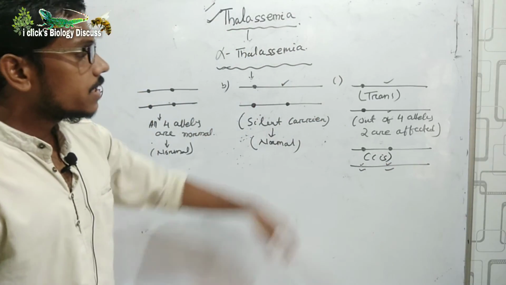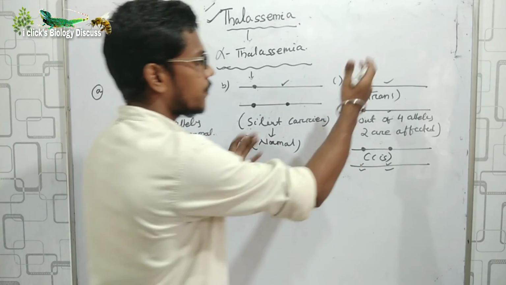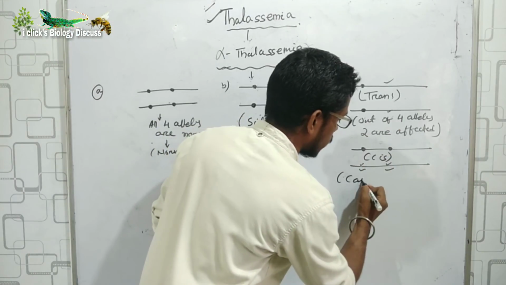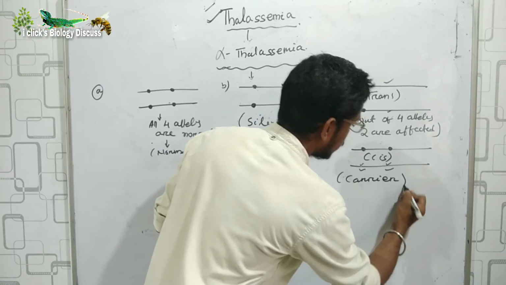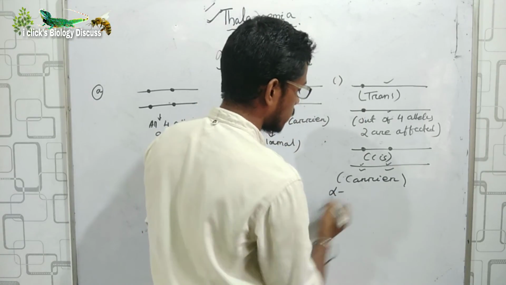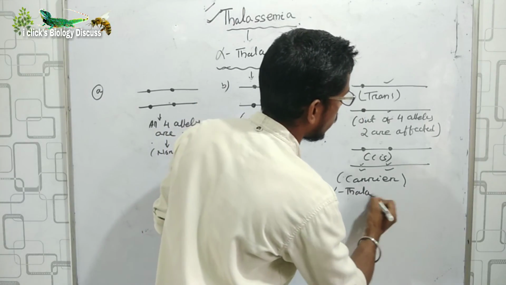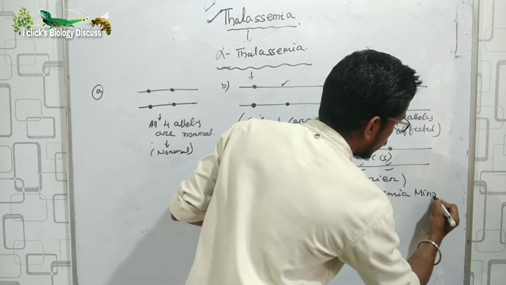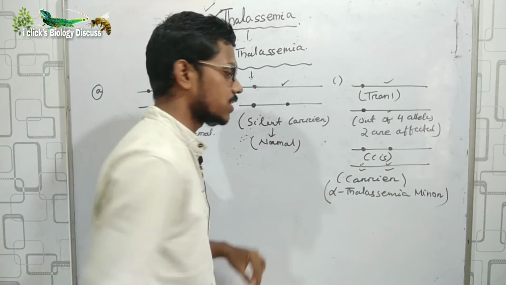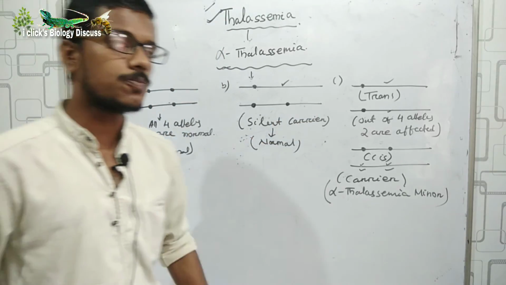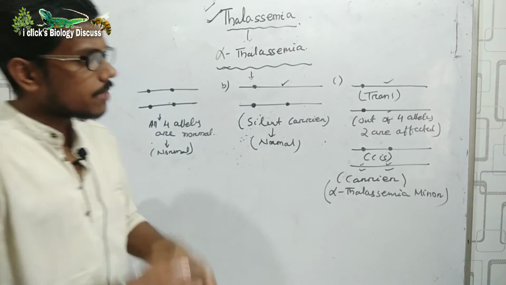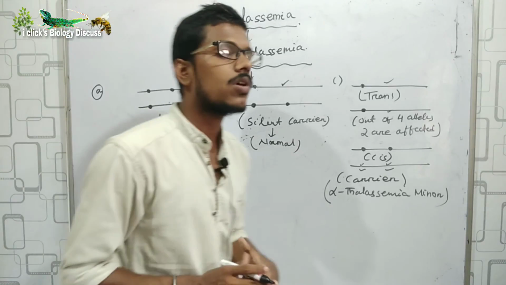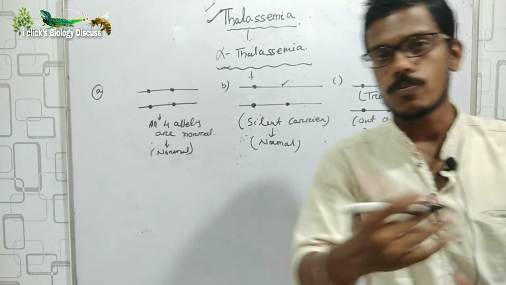Okay, and here this person will be called a carrier, or this is called alpha thalassemia minor. They have the ability to transfer it to the next generation, and there may be chances of occurrence of the thalassemia disorder in the upcoming generation.